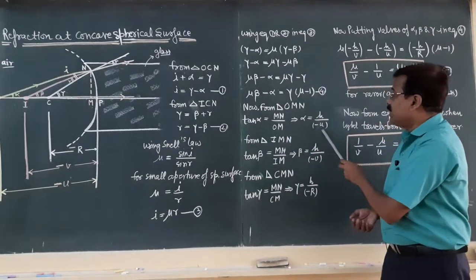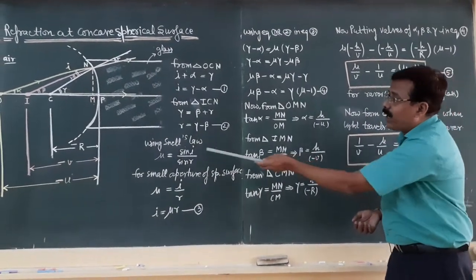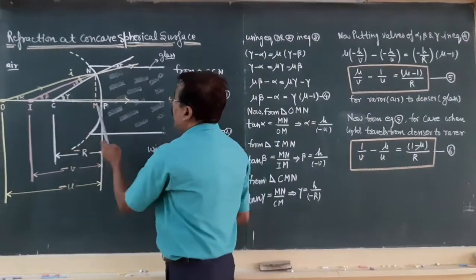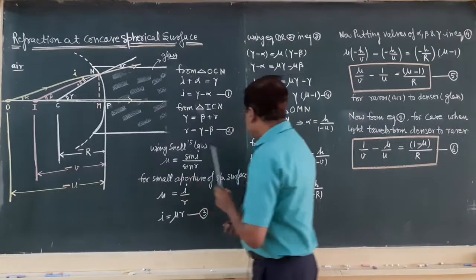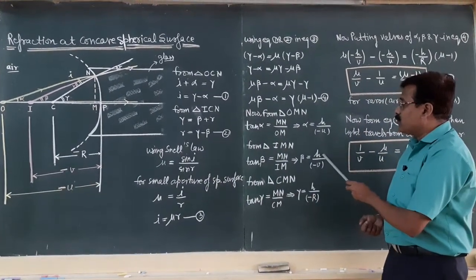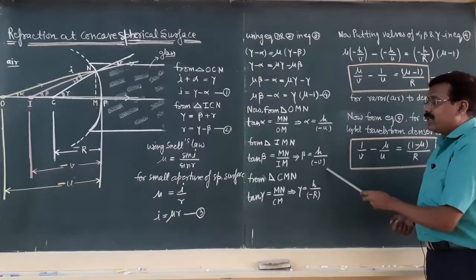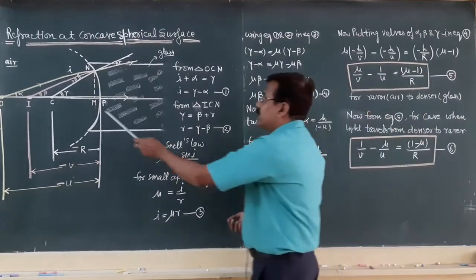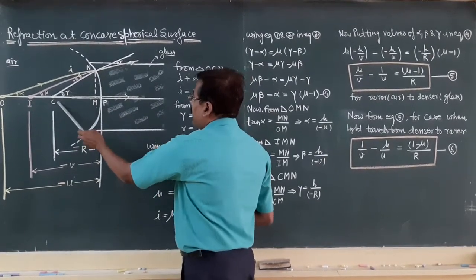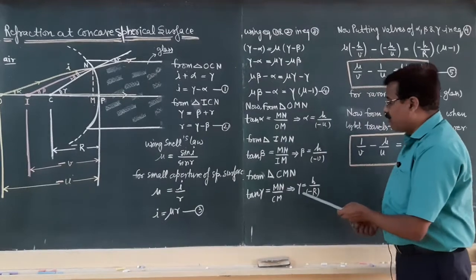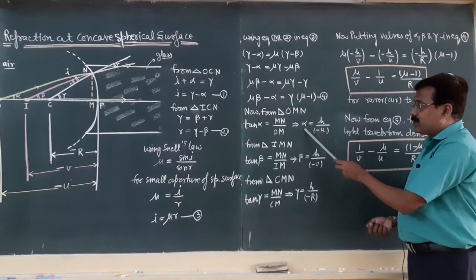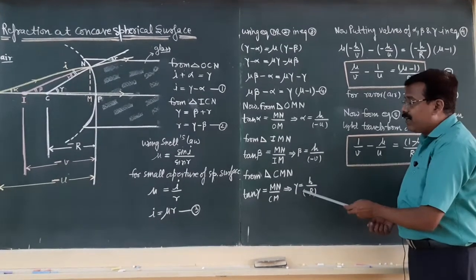So, alpha is h by minus u, because OM is equal to minus u. Similarly, in right angle triangle IMN, tan beta is equal to MN by IM, that is beta is equal to h by minus v. Similarly, in triangle CMN, tan gamma is equal to MN by CM. So, again we have gamma is equal to h by minus r. So, we have expression for alpha, beta and gamma.